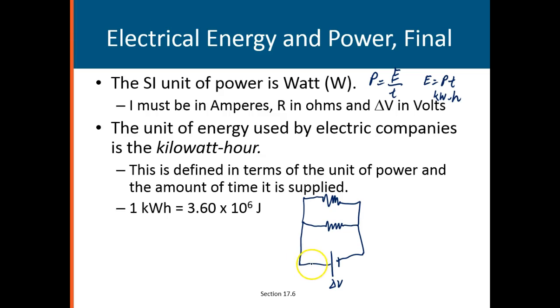This is point A, point B, point C, point D, point E, and point F. For the two resistors shown in this figure, and by the way, this is really bizarre.